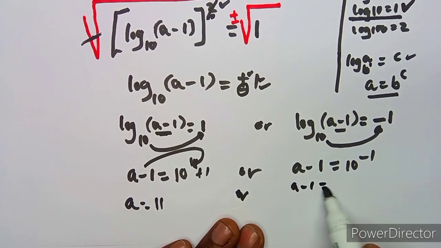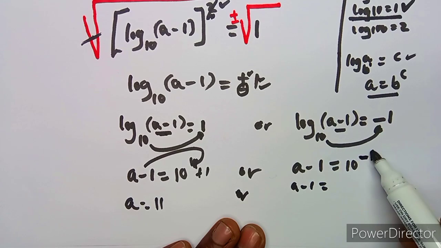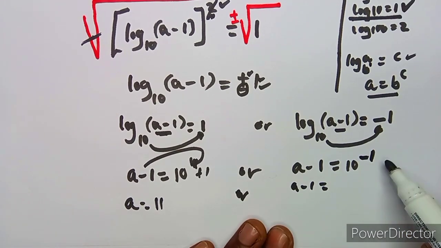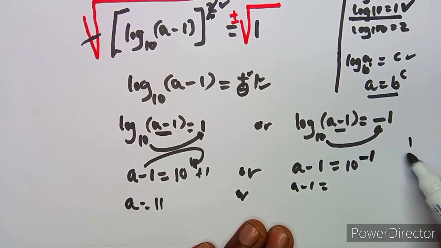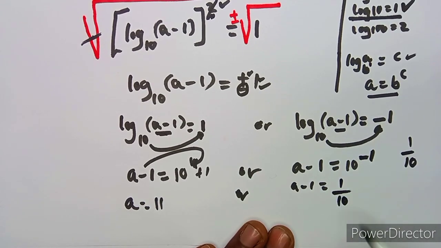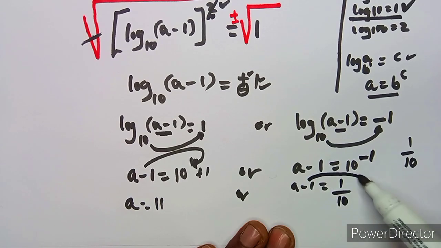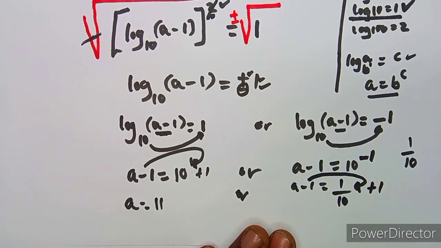A minus 1 is equivalent, remember, guys, 10 to the exponent of minus 1 is 1 over 10. I'm already saying the answer. So this is 1 over 10 here. Then we transpose minus 1 to this side and it is going to be a plus 1.